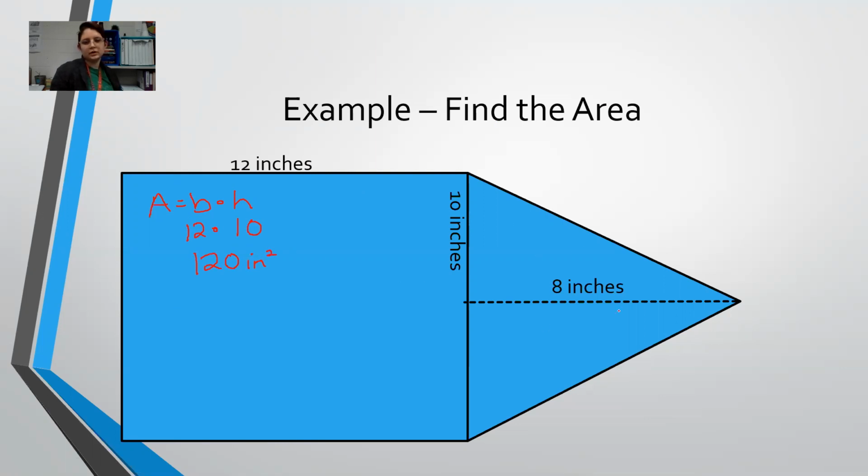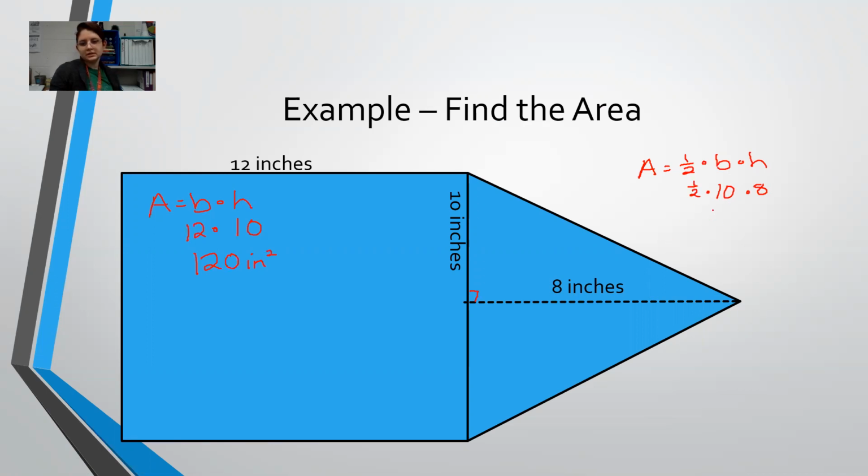Let's move on to the triangle. Remember that the area of a triangle is 1/2 times the base times the height. You always look for where your lines are intersecting and form a right angle to determine the base and the height. So my base is 10 inches. My height is 8, times 1/2.